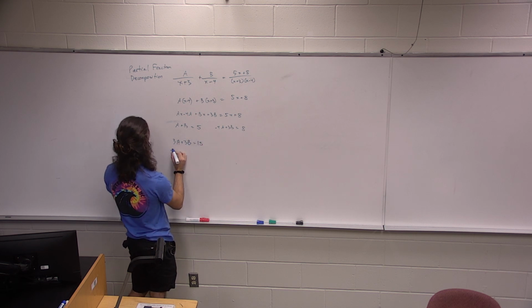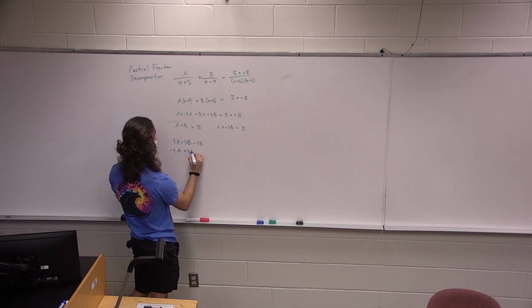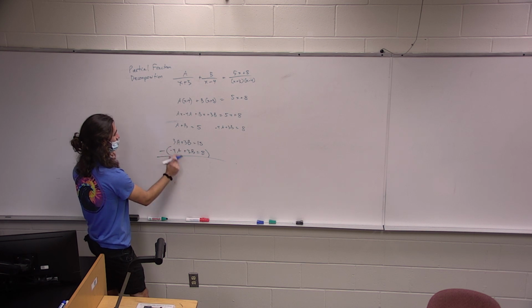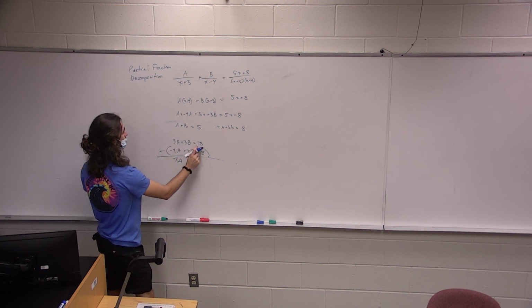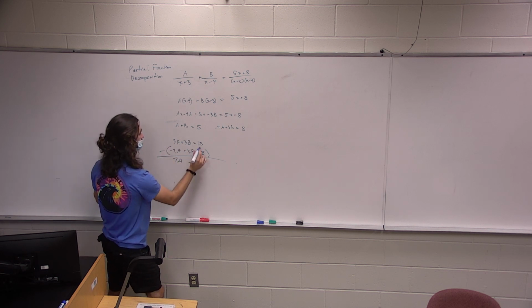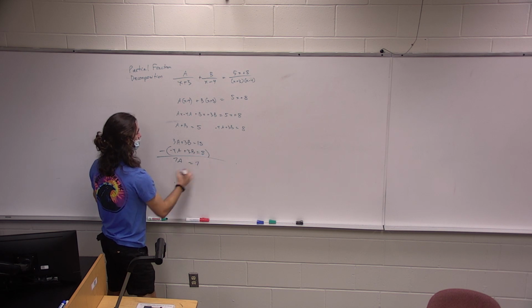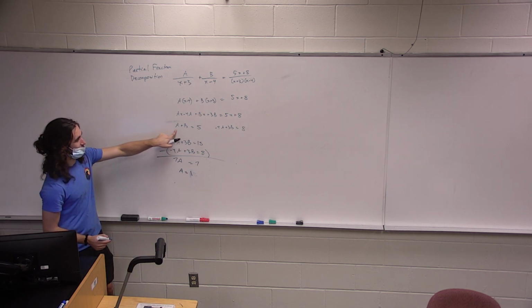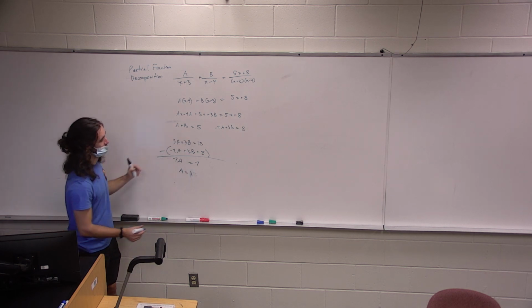And then you subtract, and so B cancels out. Exactly. So if we subtract these, 3 minus negative 4A, and 15 minus 8. So A is equal to 1, and then you replace A in one of these. That's right. So if A is equal to 1 and A plus B equals 5, well then 1 plus B equals 5, so B equals 4.